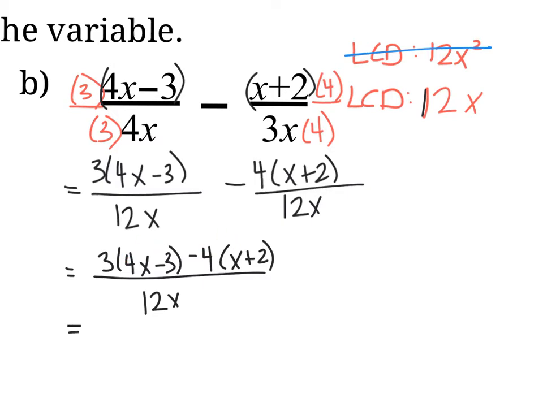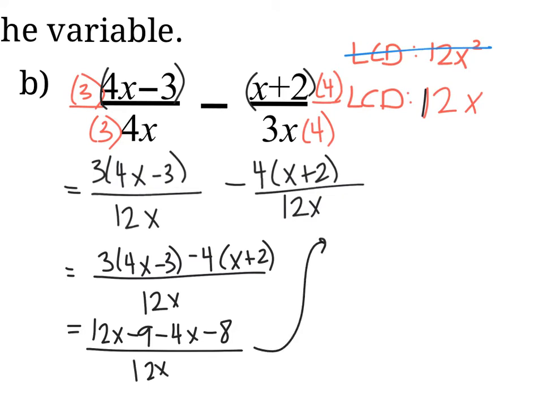We're going to have 12x minus 9, negative 4x minus 8, all over 12x. Continue simplifying. The numerator, our x terms will become 8x. Then we have negative 9 minus 8, which is going to be negative 17, all over 12x. Nothing factors on the top, so we are done.